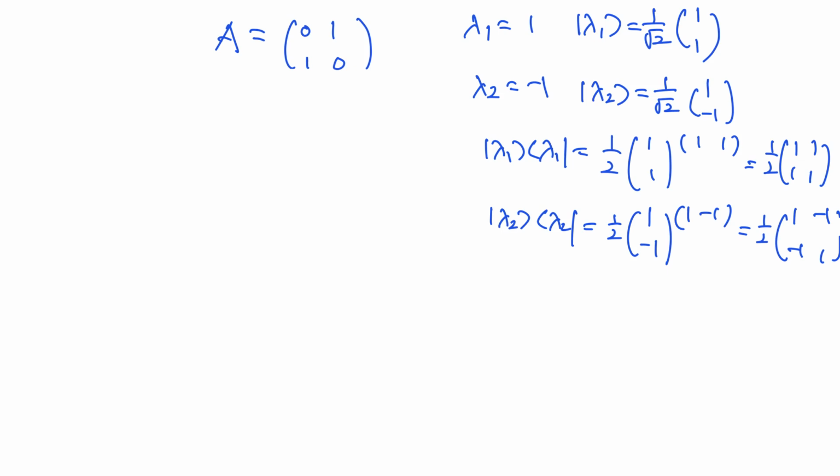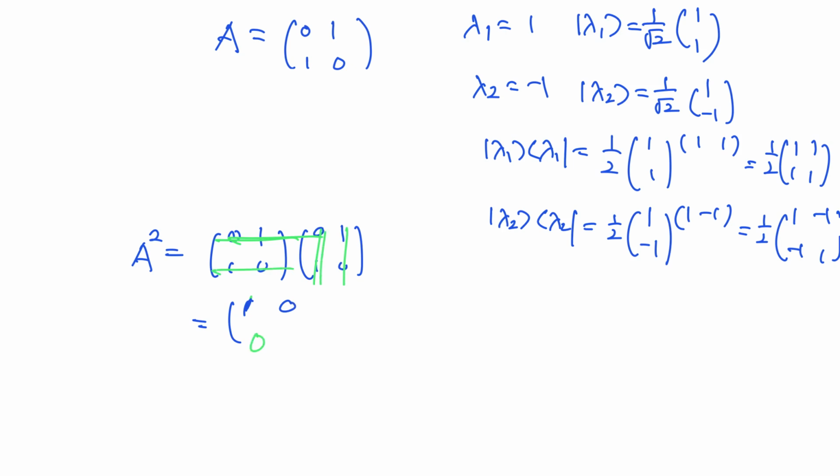So we can check A squared: 0, 1, 1, 0 times 0, 1, 1, 0, which is 1. How about this? This is 0, right? This is 0. Finally 1, right? A squared is the identity.